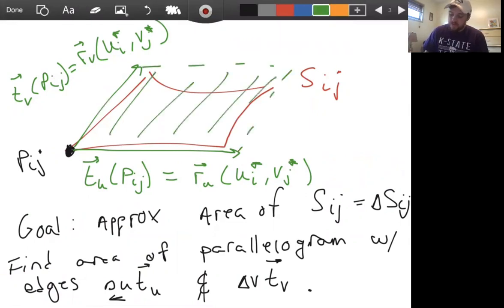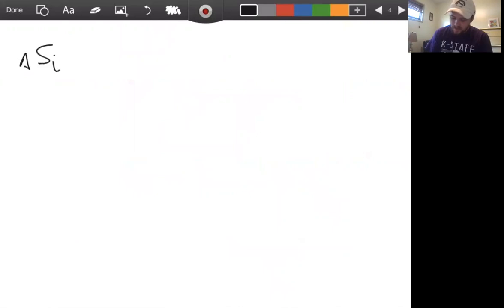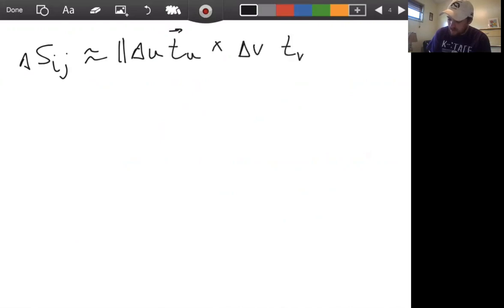Well, we take their cross product. We know that for two vectors with the same initial point, the magnitude of the cross product gives us the area of the parallelogram spanned by these vectors. And so this means delta Sij is approximately the magnitude of delta u Tu cross delta v Tv.